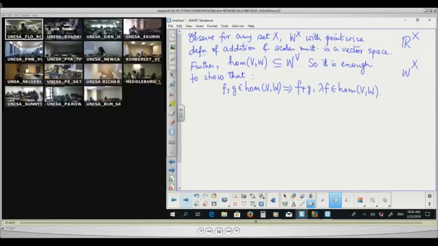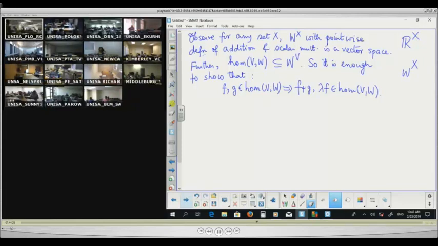And remember, we have already shown that the zero function, the zero map, is already over here. And the zero map is the zero vector in W to the power V. So that's the zero here.